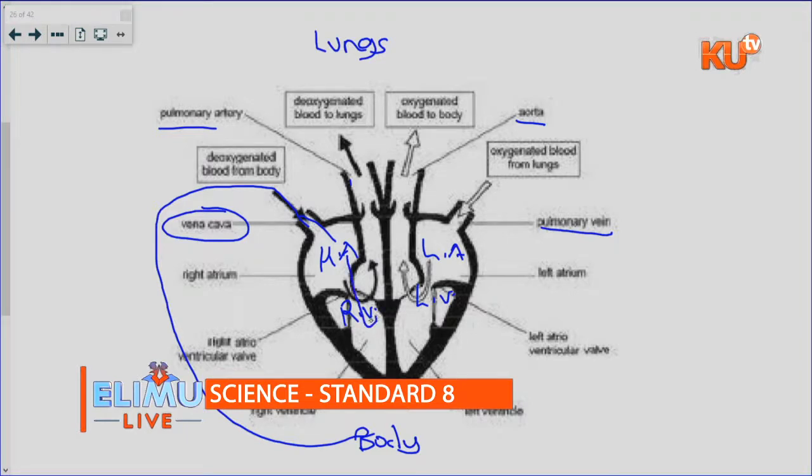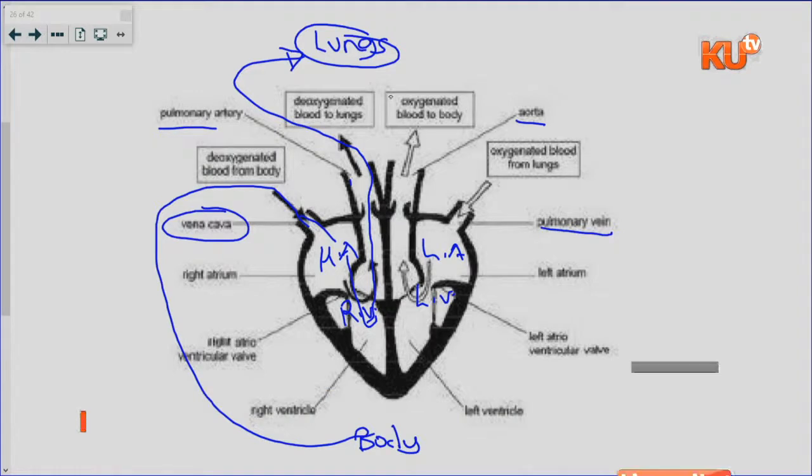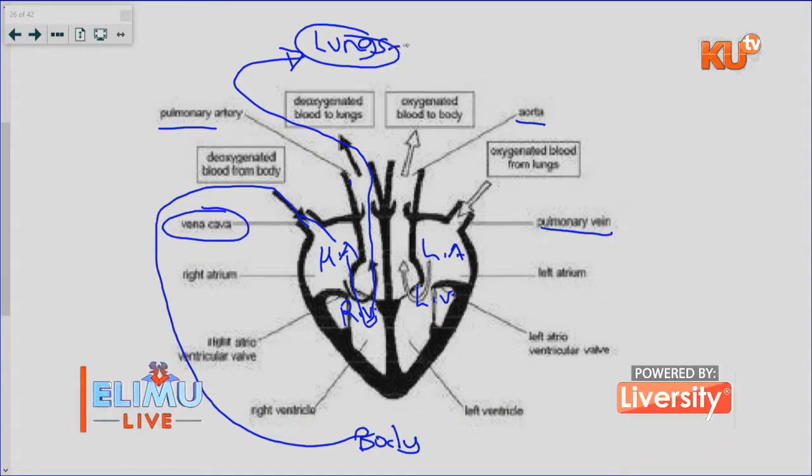The right ventricle pumps the blood out of the heart, and blood gets out through what you call the pulmonary artery into the lungs. The lungs are referred to as a support organ in blood circulation. It's not the main, but it's a support organ because it purifies blood. Blood from the lungs gets back into the heart. Remember, that is now oxygenated blood.